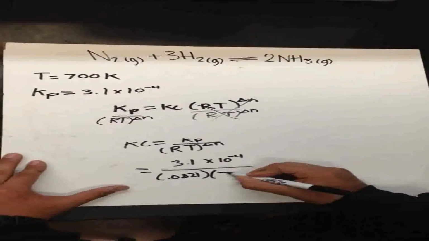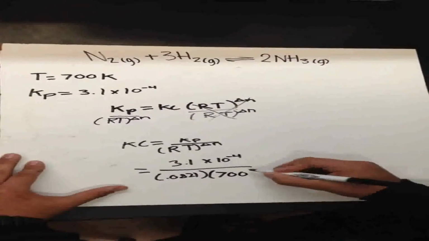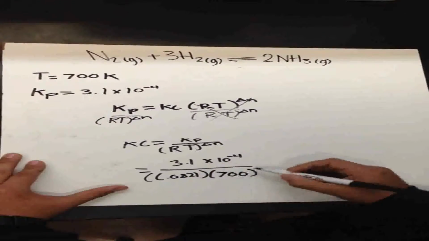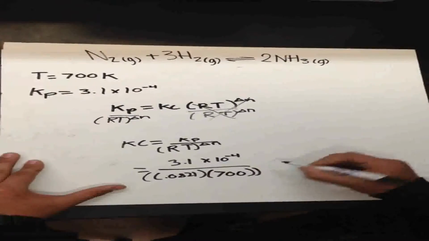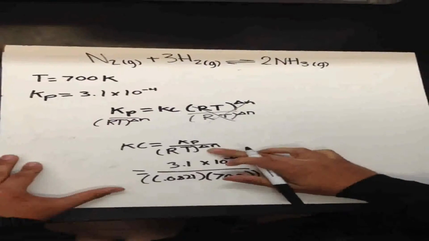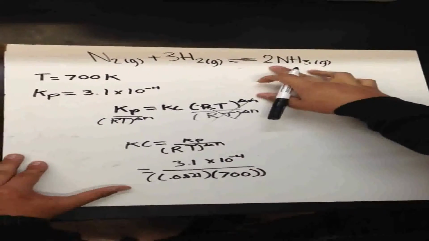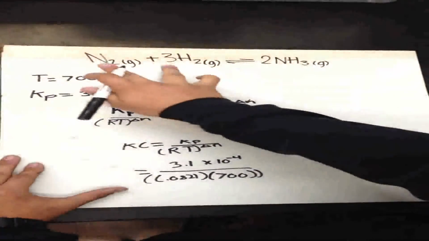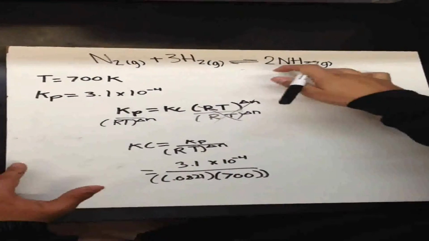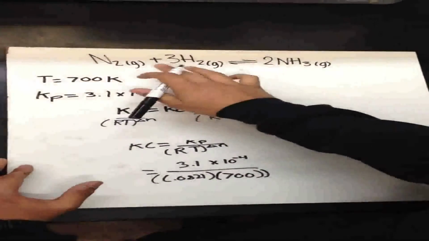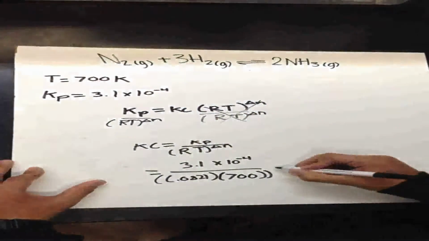And then our temperature. And that is both powered to the delta N, which is the coefficient of the product minus the coefficients of the reactants, which is -2.